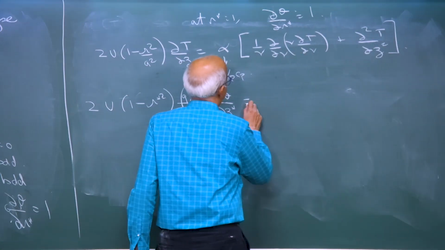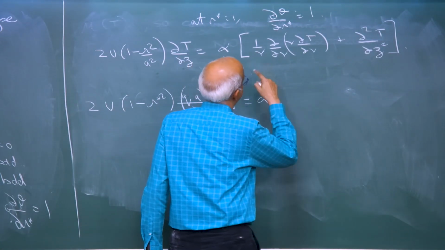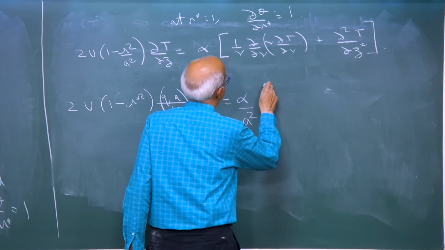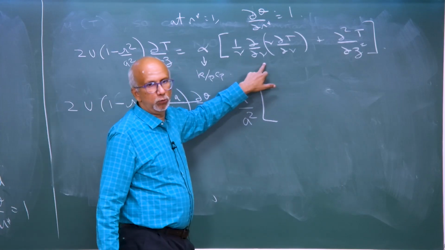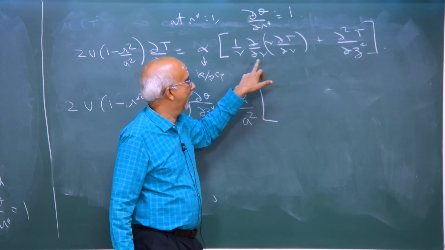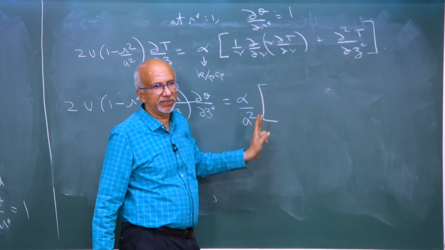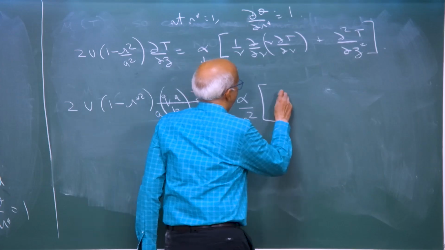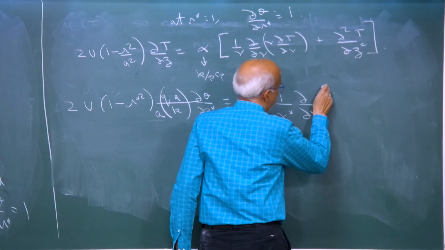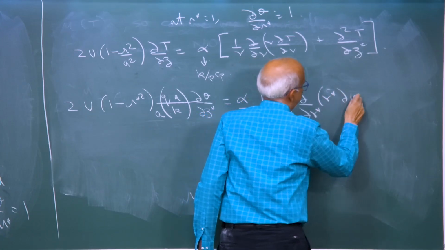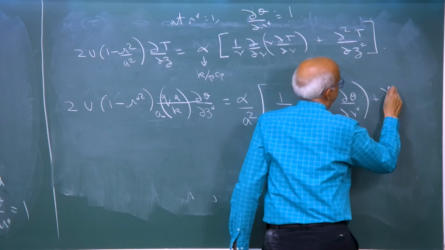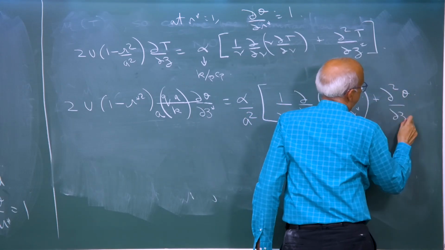Again here I have alpha times a squared, because there are two derivatives, the second derivative, so each will contribute a factor of a, and I am using the same scale for both r and z. I get a squared out, and then 1 by r star d by dr star times r star d theta by dr star plus d squared theta by dz star squared.